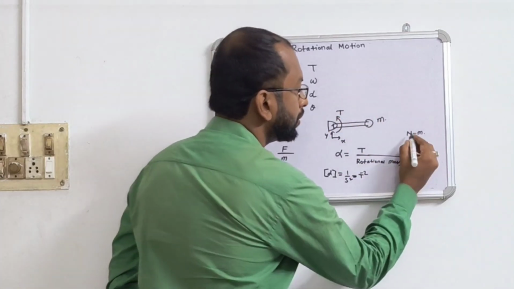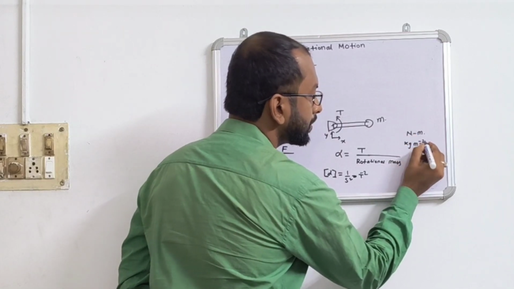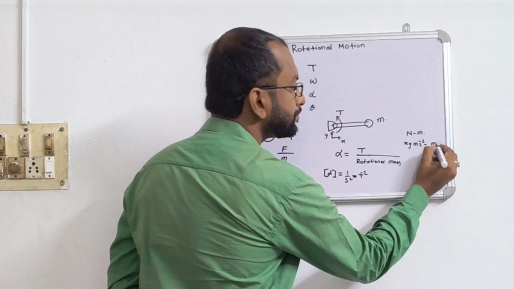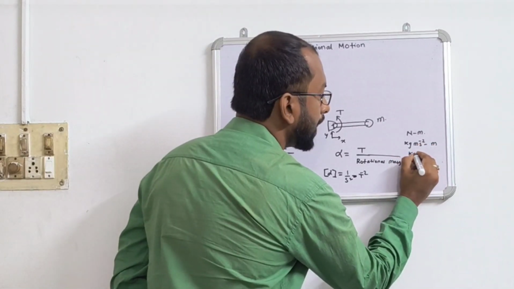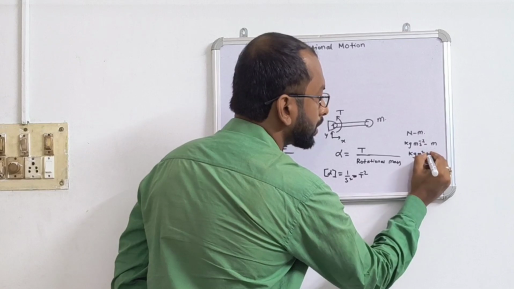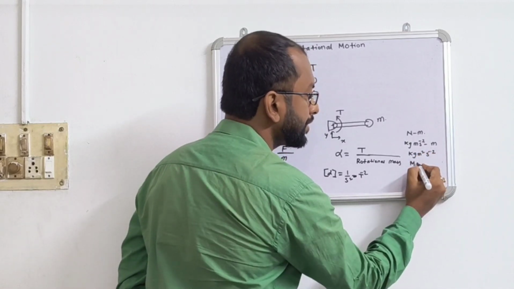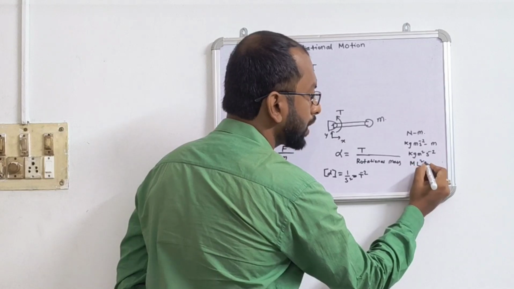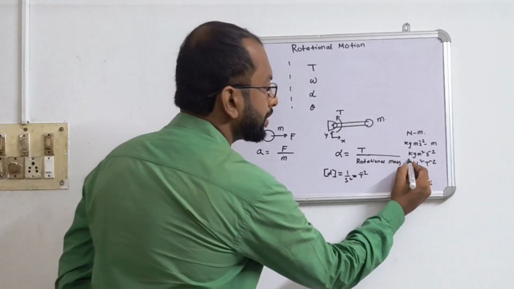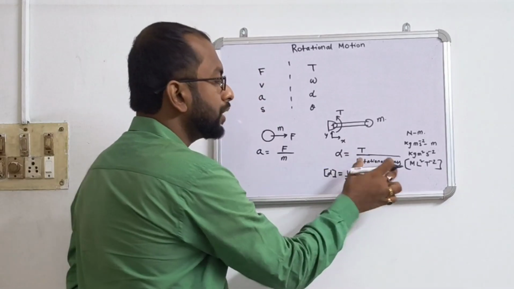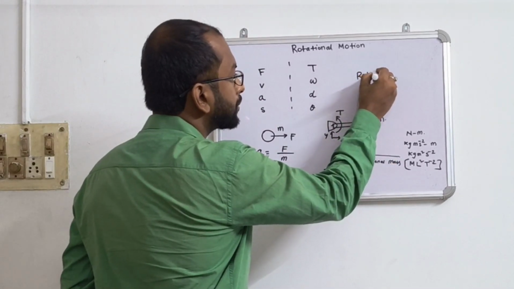So it's Newton into meter. Newton means kg meter per second square, into meter. So it is kg meter square per second square. So we can write the dimension of torque is M L square T to the power minus 2. Now from this, what will be the rotational mass dimension?